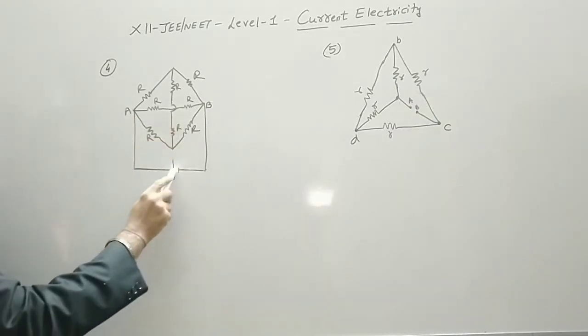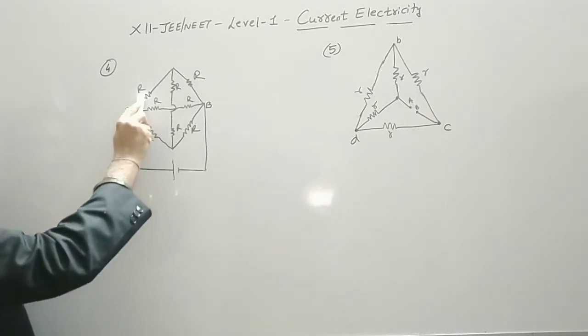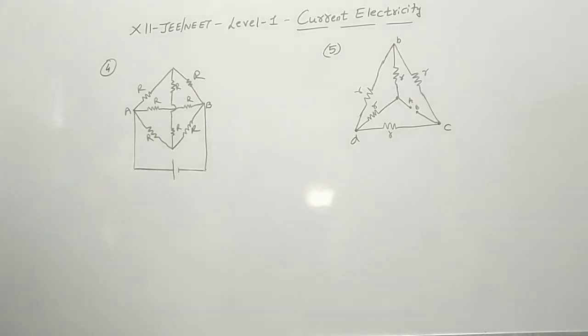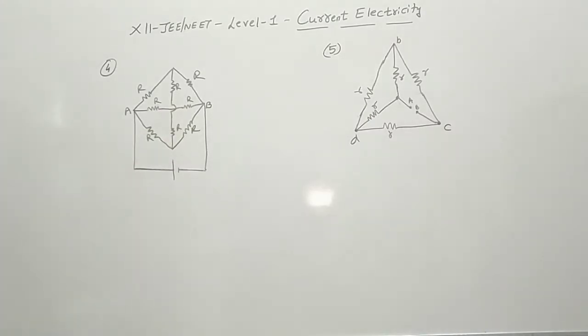Now it is clear that if we start a current from this positive terminal, it will be divided into three parts. So these two resistances which are clearly connected between the two points A and B can be redrawn.